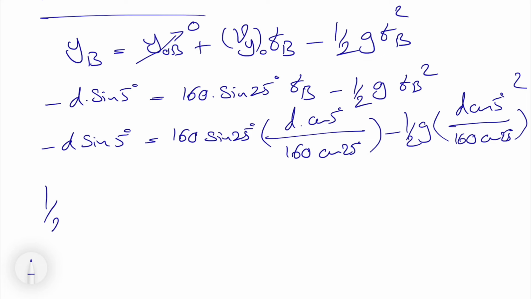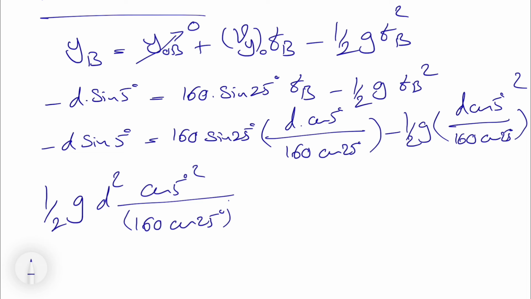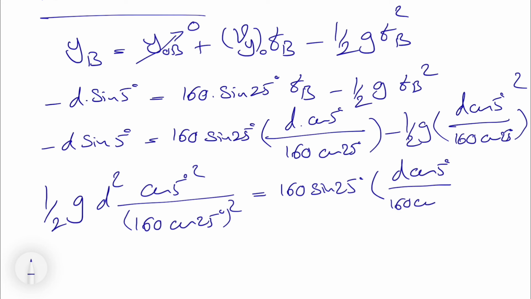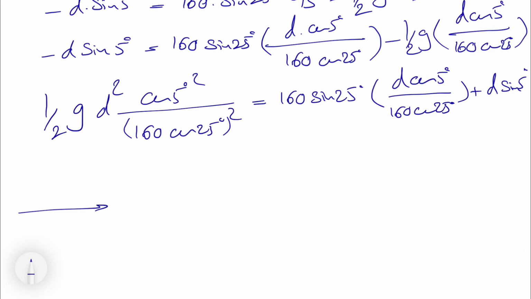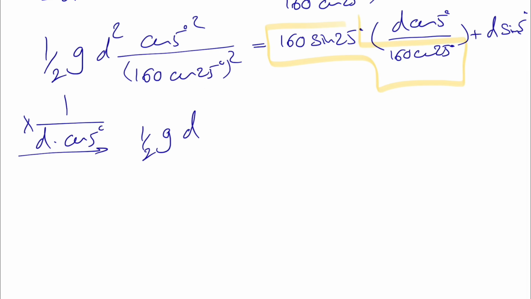So what we can do in here is put d on one side of the equation, and we have this fraction, and on the other side of the equation we'll have 160 sine of 25 over 160 cosine of 25, and we'll have the sine of 5.